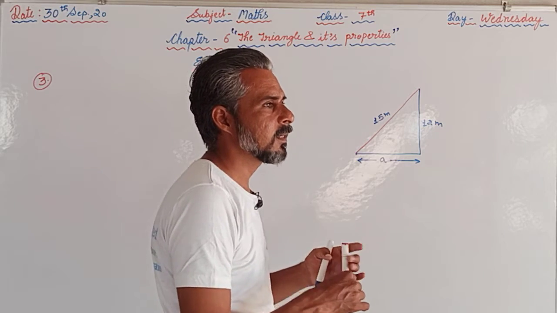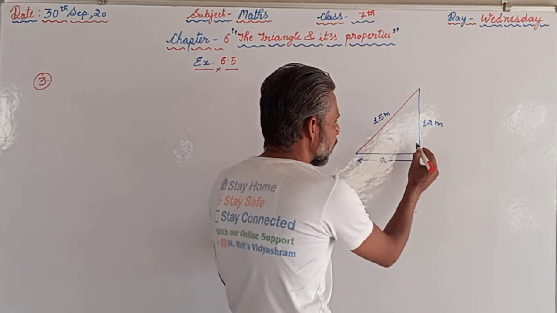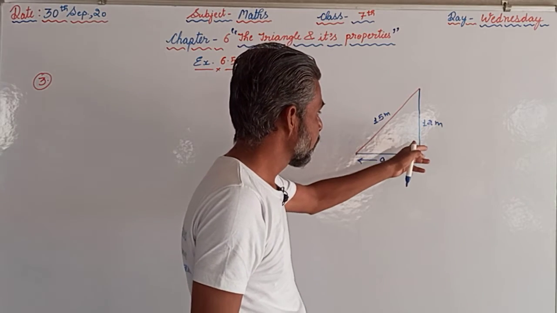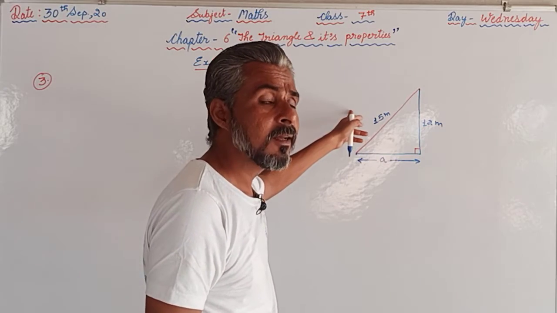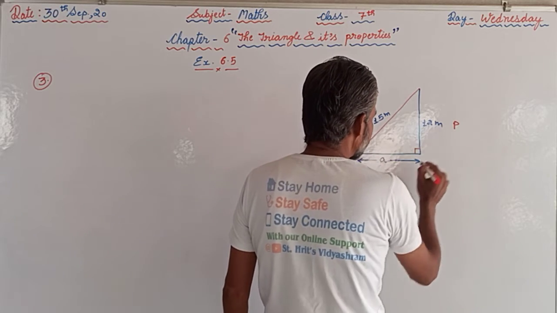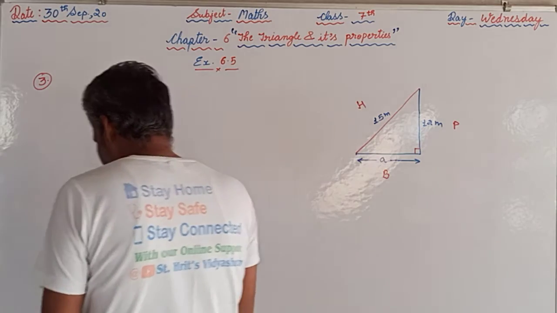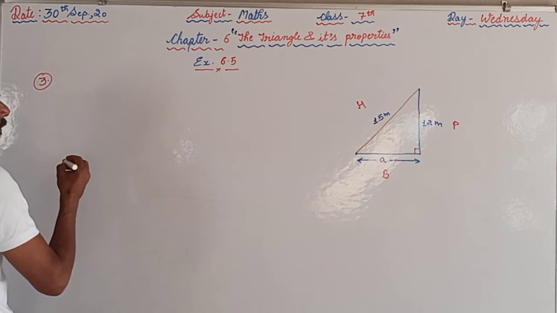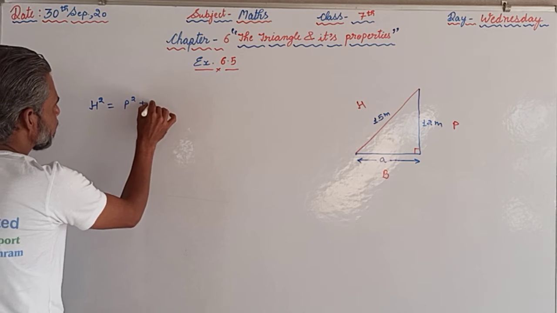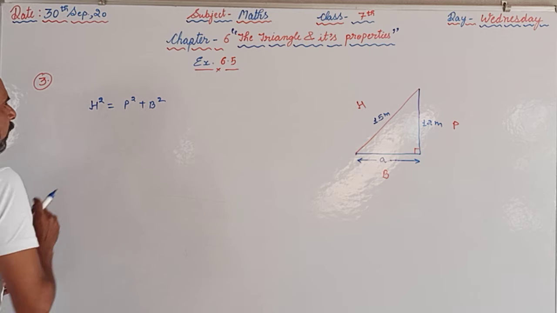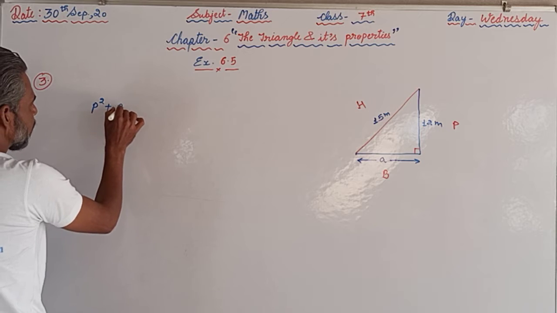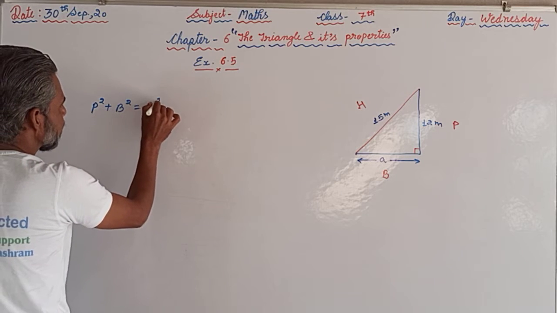Here we should consider that the wall is always perpendicular to the ground, so the angle is 90 degrees. The side opposite to the 90-degree angle is the longest one, and that is the hypotenuse. This is H, this is P, and this is B. As we discussed yesterday, in a right angle triangle H square is equal to P square plus B square, or the reverse, P square plus B square is equal to H square.